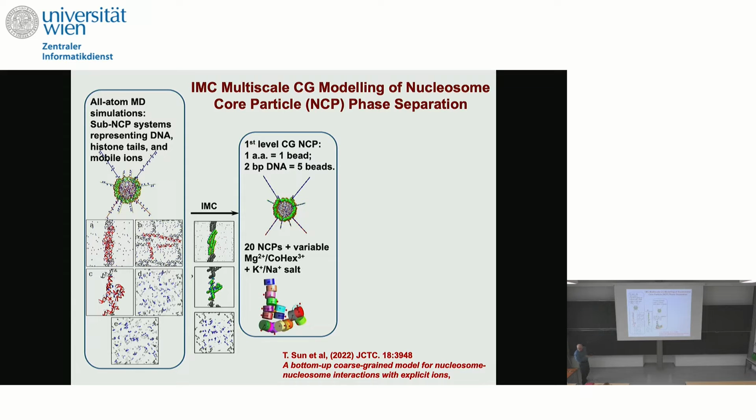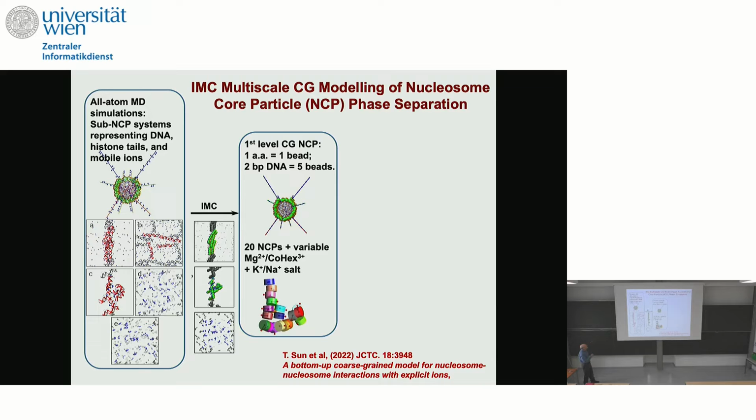The way we did this, because we wanted to make simulations of macroscopic phase separation of nucleosome core particles, for which there are several experiments, is that this also validates the NCP model, which is going to be used later in modeling the chromatin fiber.